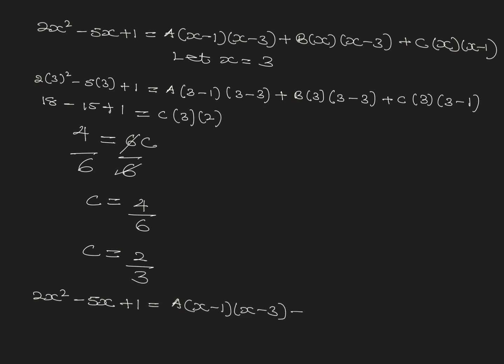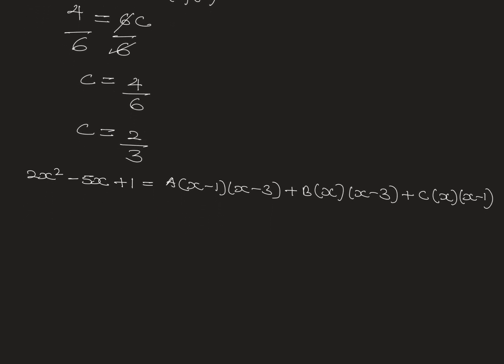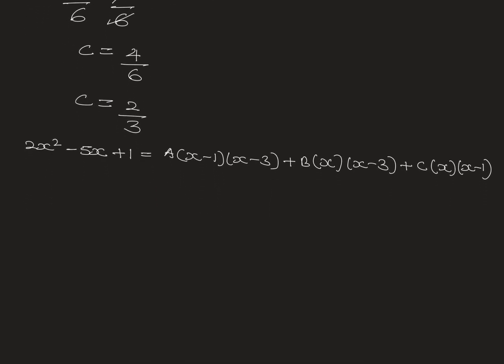3 plus b into x minus 3 plus c into x minus 1. Now let's try to make x to be 0 so that this will cancel out and this will cancel out. With that, we can be able to find a.